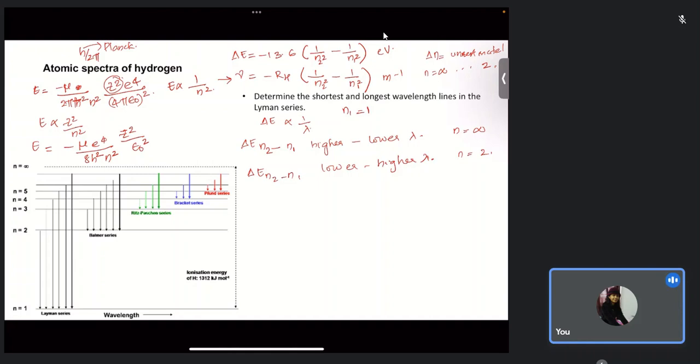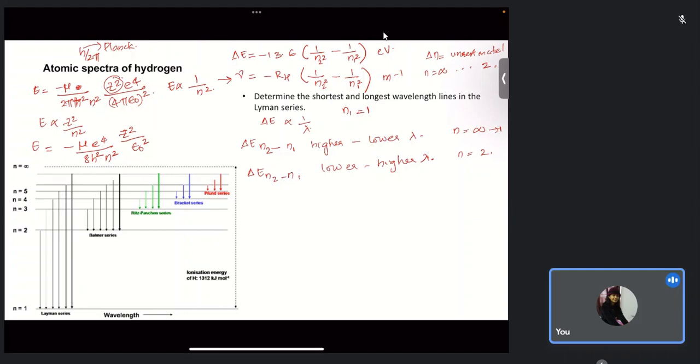So basically we have to find the energy gap between the lowest and the highest. For finding the shortest wavelength in the Lyman series, we find the wavelength associated with the transition from n equal to infinity to n equal to 1.